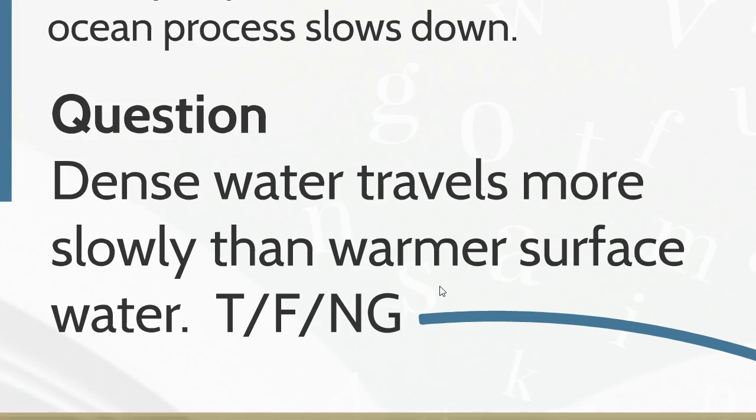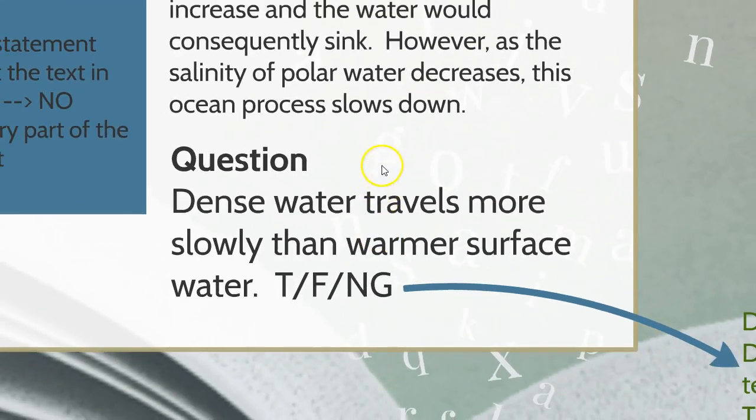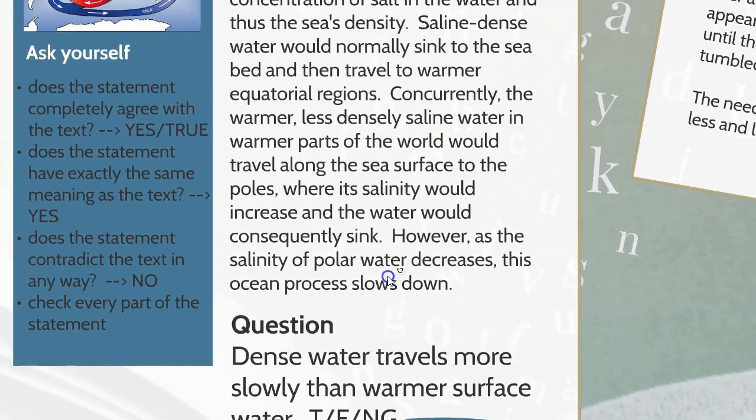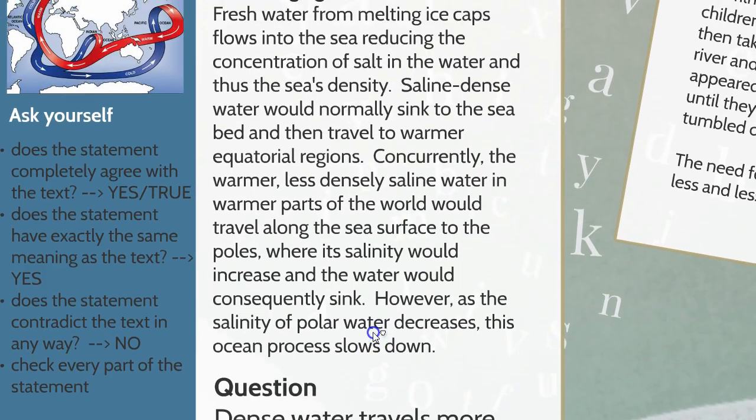The reading that you read must show a comparison between dense water and surface water, and the text must also talk about slower movement of water or slower travelling of water. Here is the text. Have a look at it carefully.